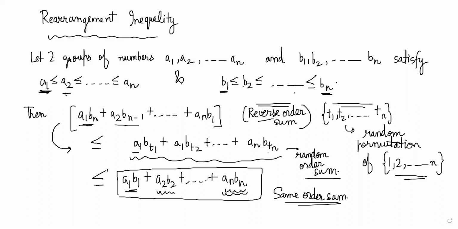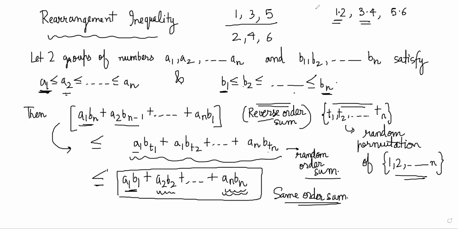So the logic of the inequality should be pretty obvious, because think about it, if you have a sequence of numbers, if you want to construct sums like this, let's take two sequences, 1, 3, 5, and another one is 2, 4, 6, right? So if I want to create the smallest possible sum, I should create 1 into 2, 3 into 4, 5 into 6, right? This is the largest possible sum. My mistake.